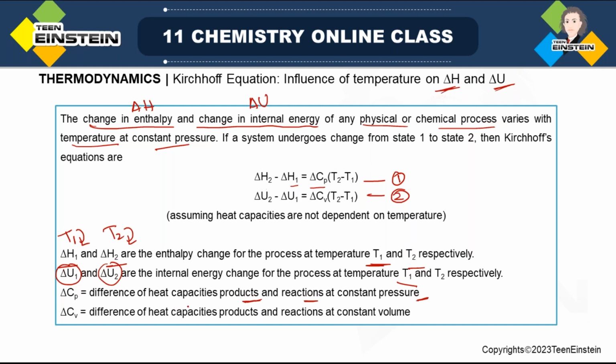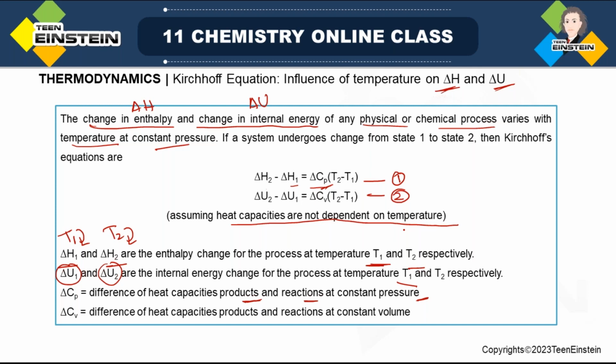Sorry, here by mistake I have mentioned Cp value at temperature 1 and 2. No, this is not like this because it is already mentioned here. Heat capacities, we are considering that they are not dependent on temperature. Basically, heat capacities may depend on temperature, or may not.